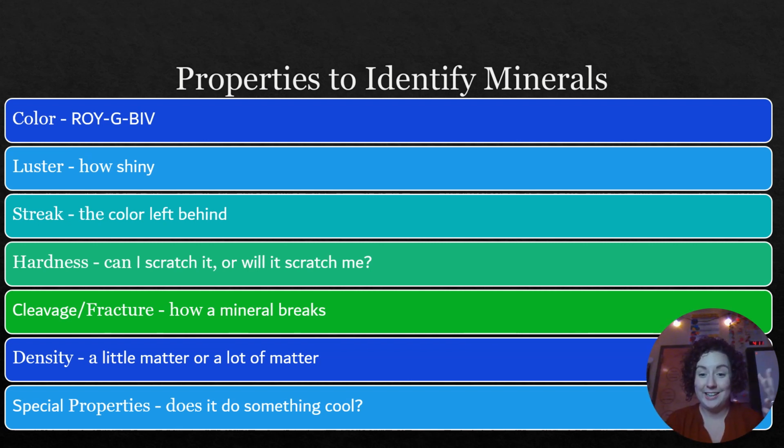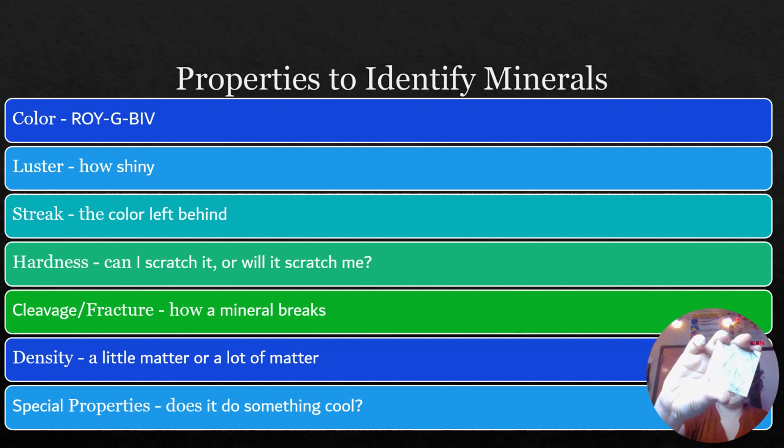Luster, how shiny it is, whether it is metallic, whether it is kind of creamy, but yet still gives that reflection off. The streak, the color that is left behind when you streak the sample across a porcelain streak plate.